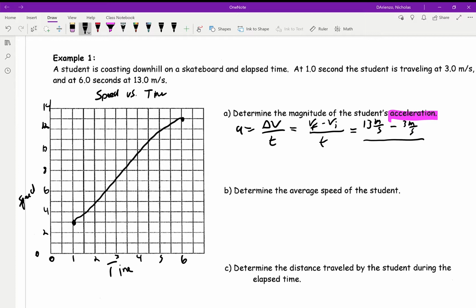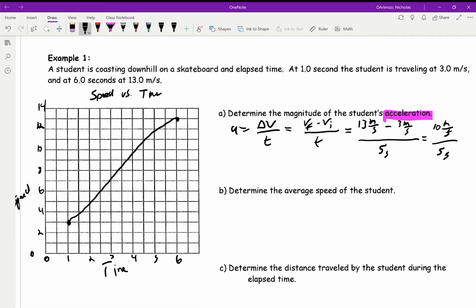And the time that it takes for that to happen is 5 seconds. So we subtract these two. Seconds cancel. We're left with an acceleration equal to 2 meters per second squared. Excuse me, these combine, not cancel.